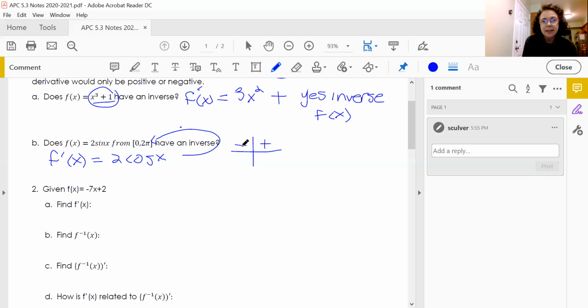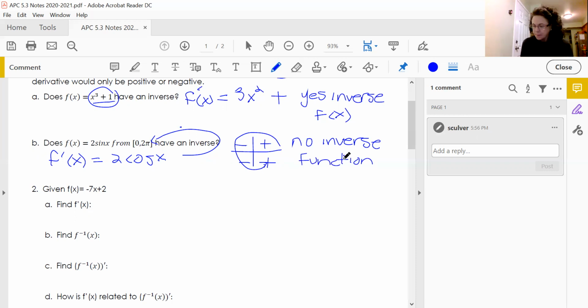In the second, it's negative. In the third, it's negative. And in the fourth, it's positive. So from 0 to 2 pi, the derivative does change sign. It increases and then decreases. So this is no inverse function. Notice that monotonic, mono meaning one, would be one direction, either increasing or decreasing.